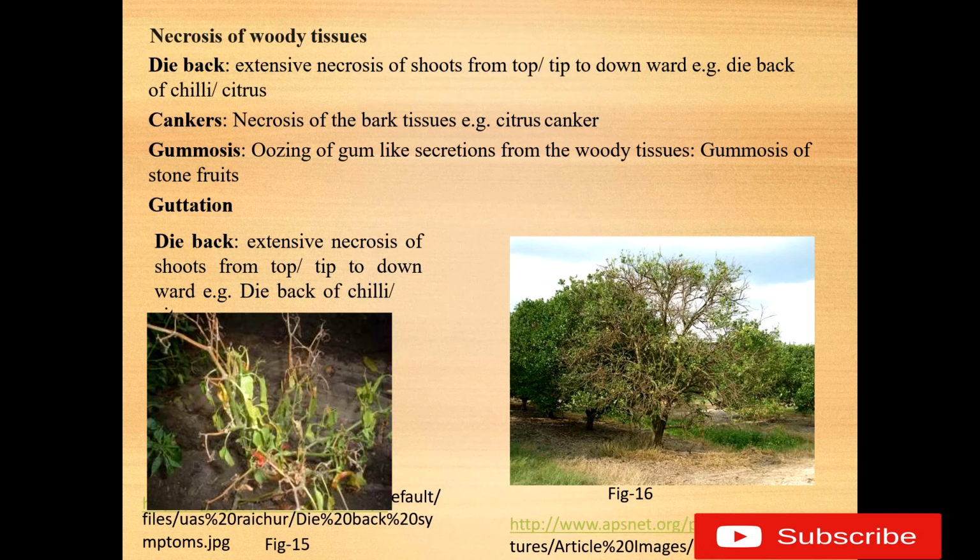And cankers. Cankers mean the necrosis of bark tissues. So what do you mean by bark? It is the outermost thickened part of the plant, known as the bark tissue. So cankers affect this bark. And gummosis means the oozing of gum-like secretions from woody tissues. Another one is guttation.